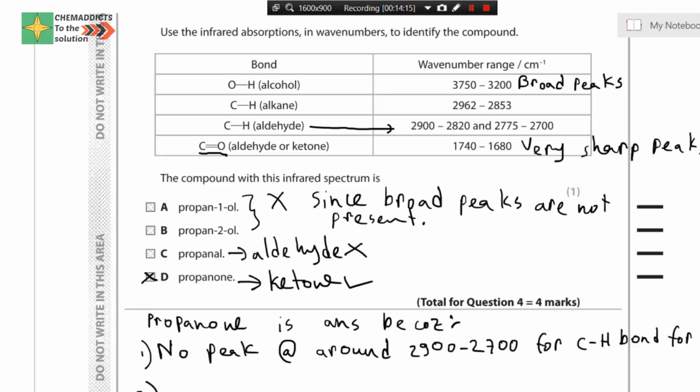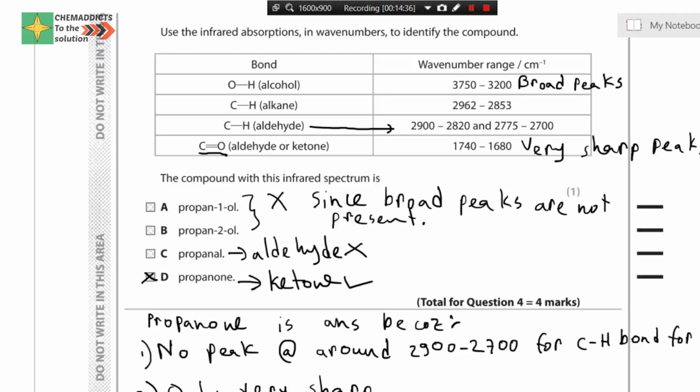The second point is that only very sharp peaks are observed.